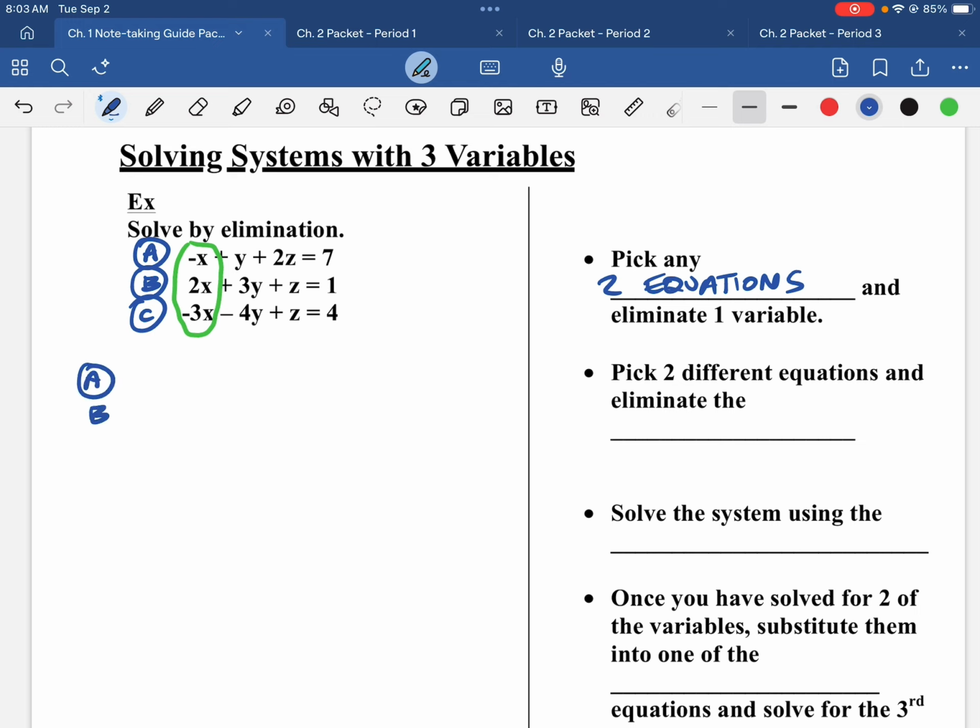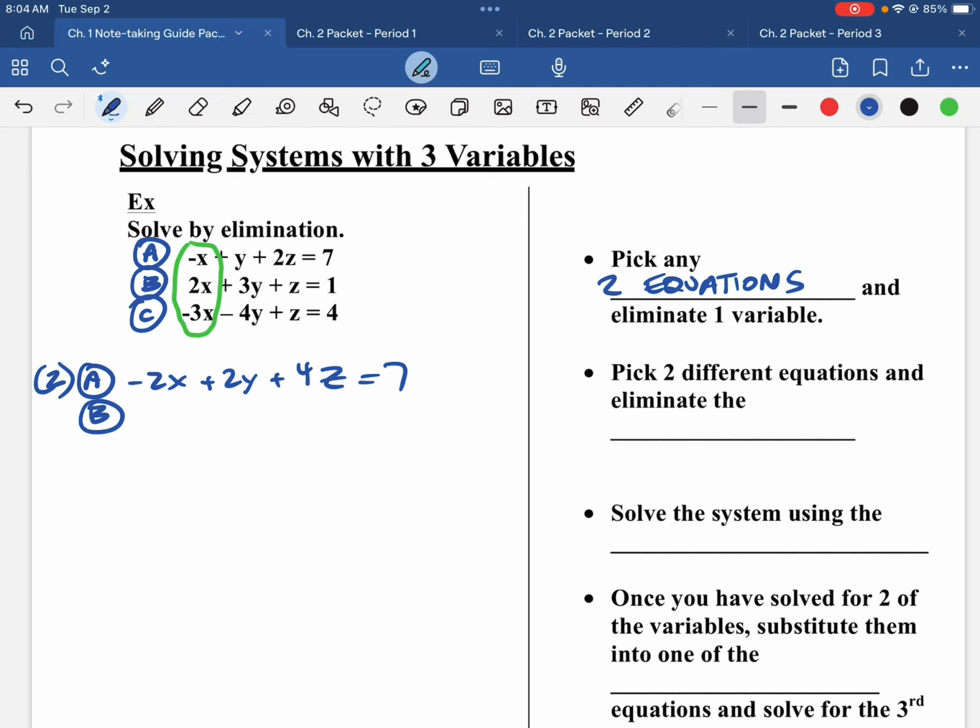So I'm thinking, all right, eliminating x's, I'd want to double equation A. So I like to keep track of it like that. For these problems, I think it really helps to put a little line through your z's so that they don't look like 2's. It gets confusing if you don't do that.